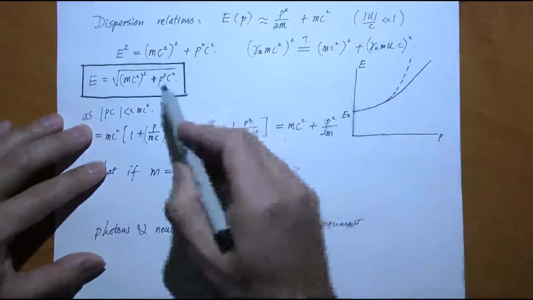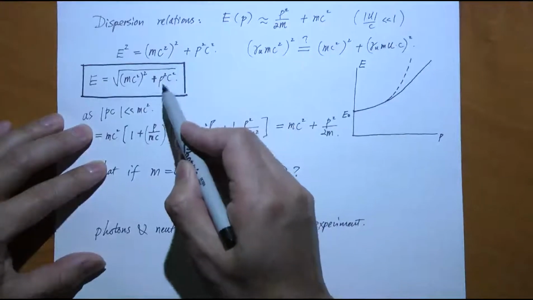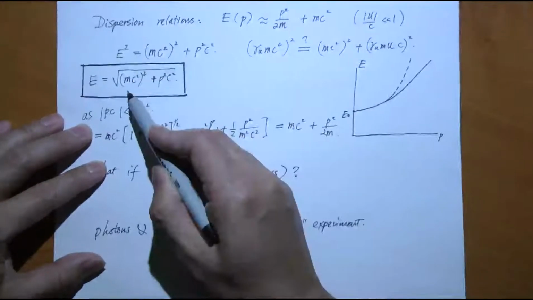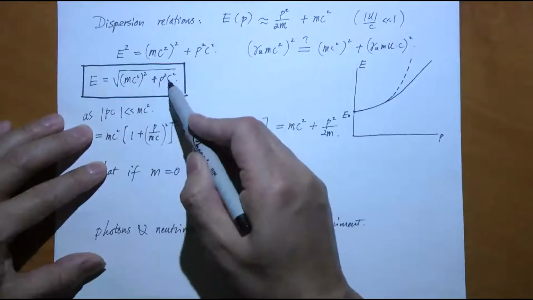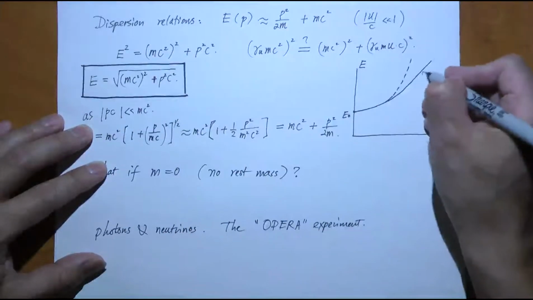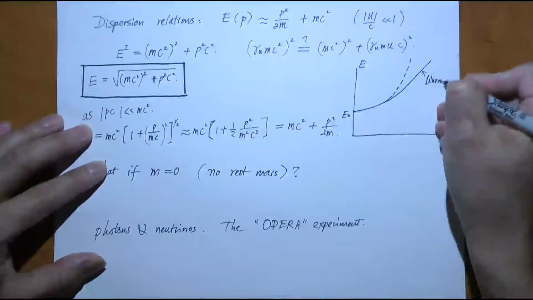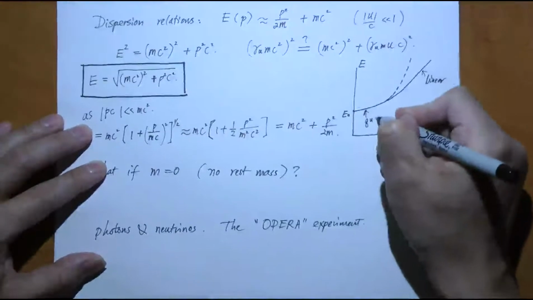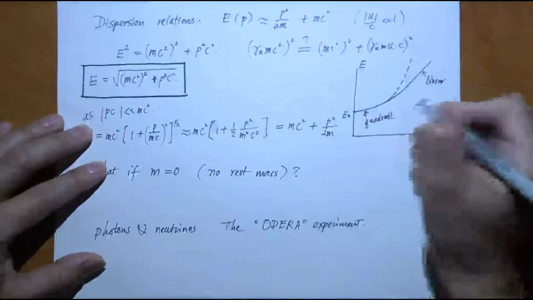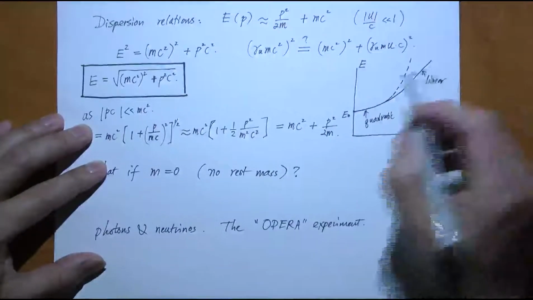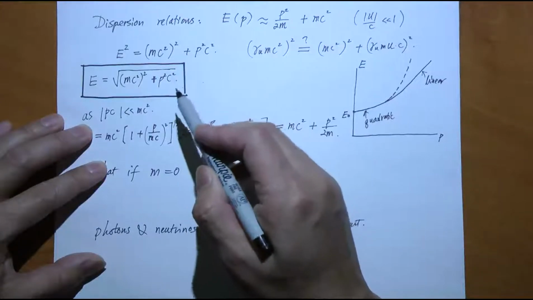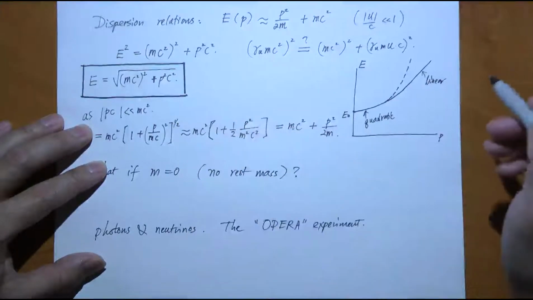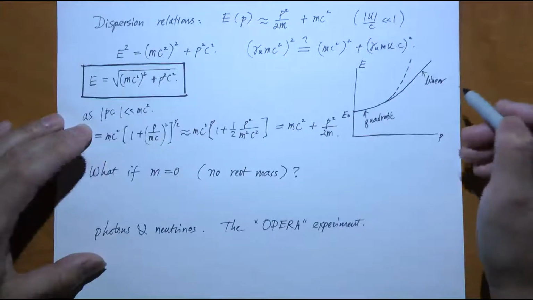At high speeds, when the kinetic energy is far greater than the rest energy, you can ignore the rest energy term, and E equals the square root of p squared c squared, just pc, which means this is linear. This is quadratic. So when E is approximately equal to pc, we're looking at a very high speed particle. This is called the ultra-relativistic case.